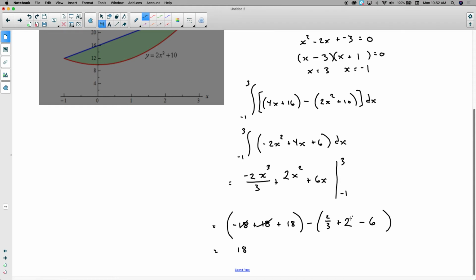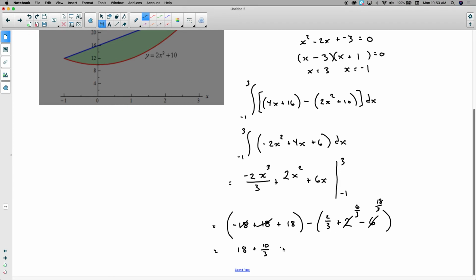This is the same as 6/3. This one is the same as 18/3. So I've got 8/3 minus 18/3, which is negative 10/3, but then I'm minusing negative 10/3, so that's the same as adding 10/3.